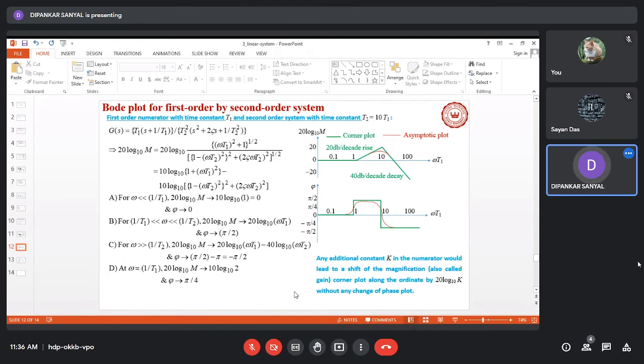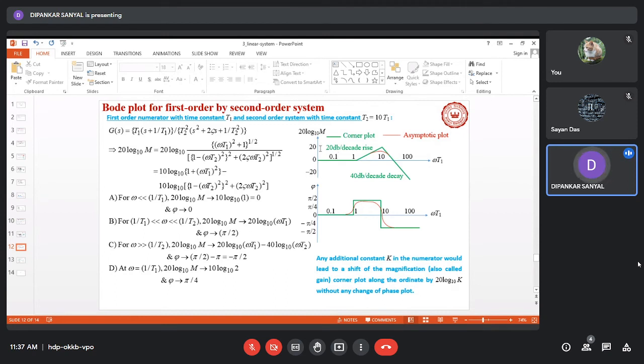Of any complicated nature. If this G(s) is a pure constant, what would we get? If this constant is greater than 1, there will be a constant 20 log 10 k here. If k is a fraction, then it will be on this side.